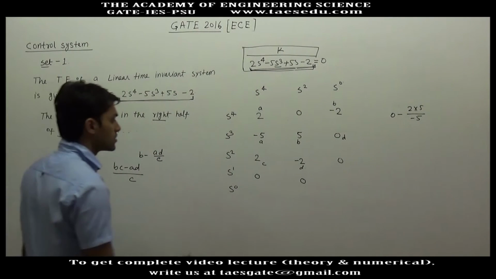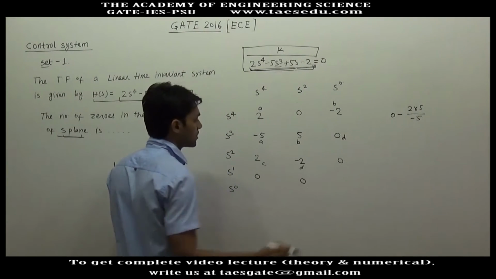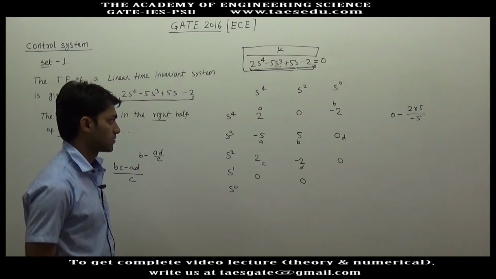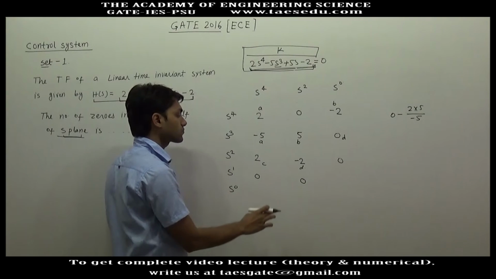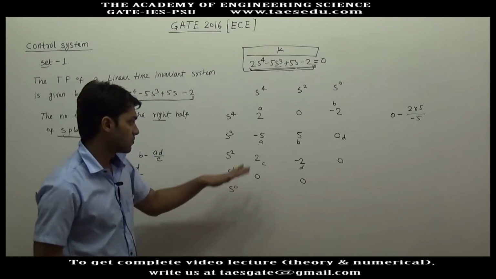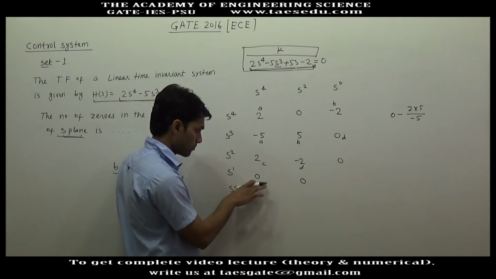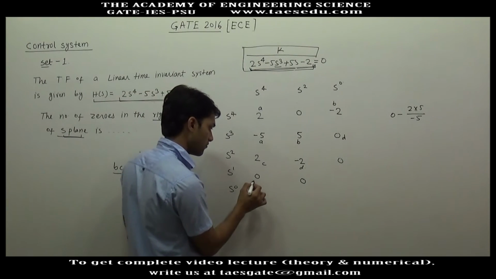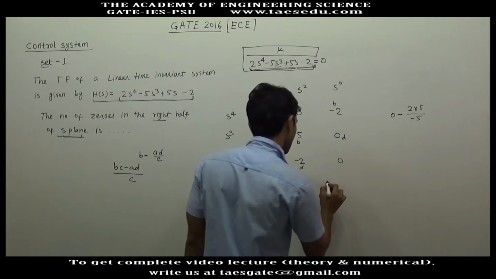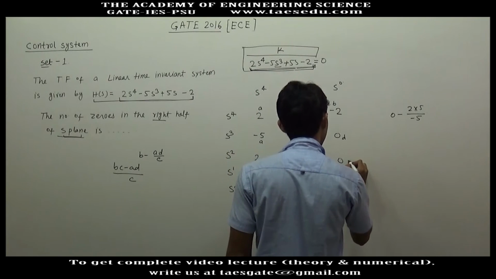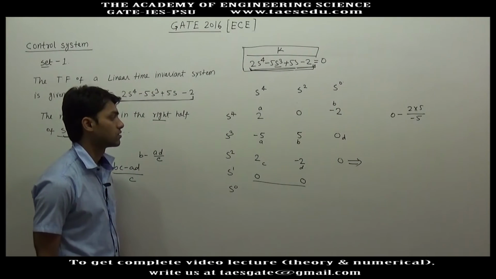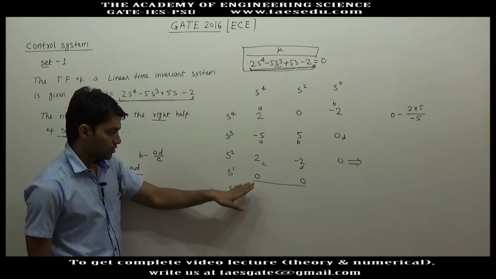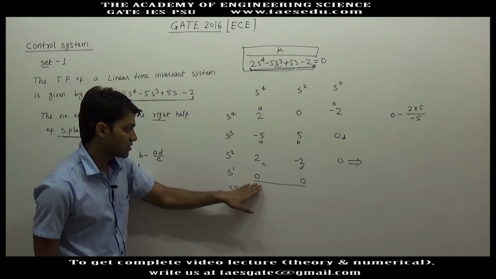So if a complete row is 0, this is surely an unstable system, because there is one sign change. To further complete the Routh-Hurwitz table, if one complete row is 0, we first form the characteristic equation using the row which is above this 0 row.